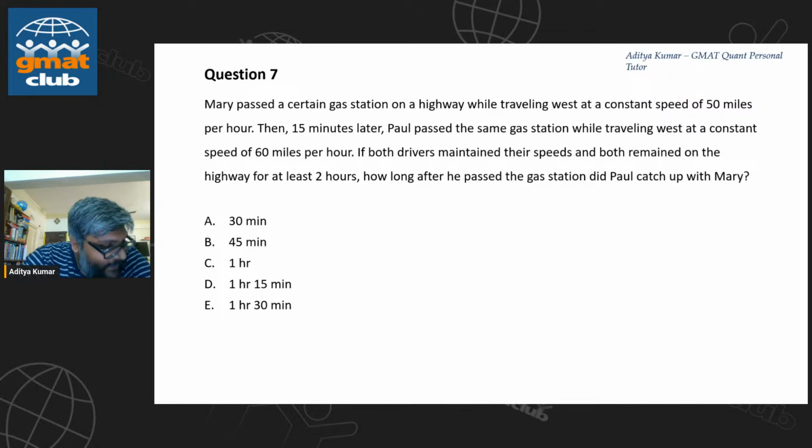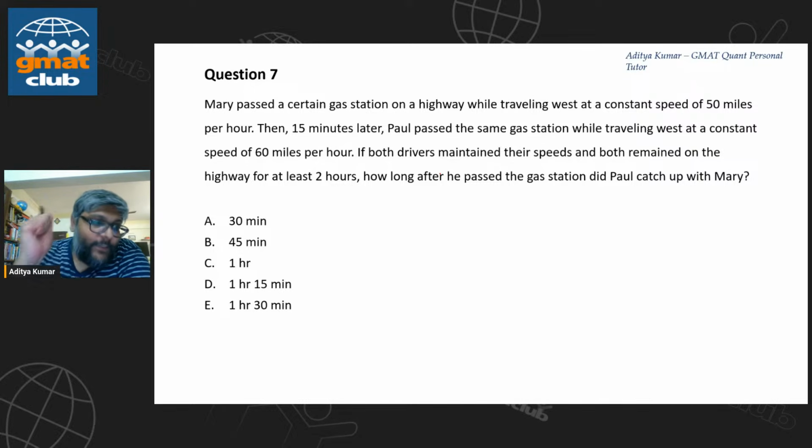For those who give me D, Karthik and Amit, can you also put in, did you use relative speed or algebra or both? Okay. All right. Let's discuss.